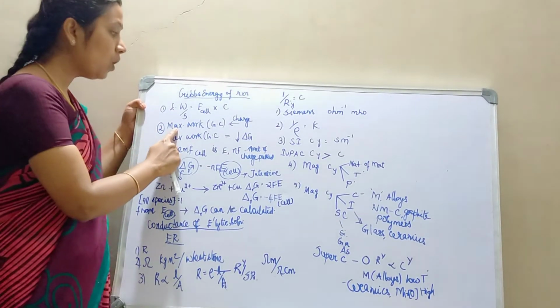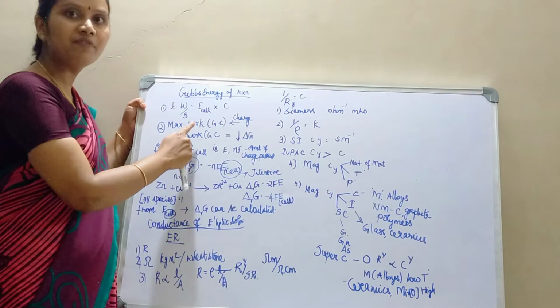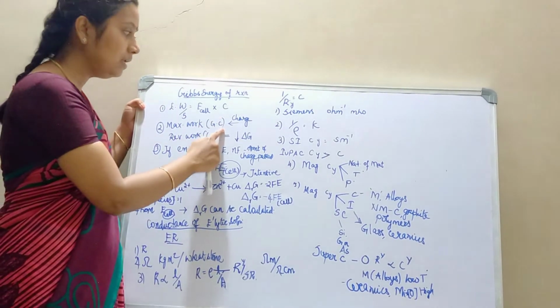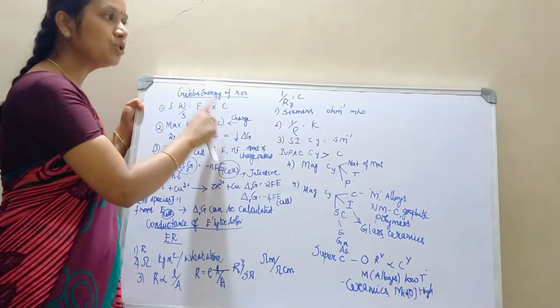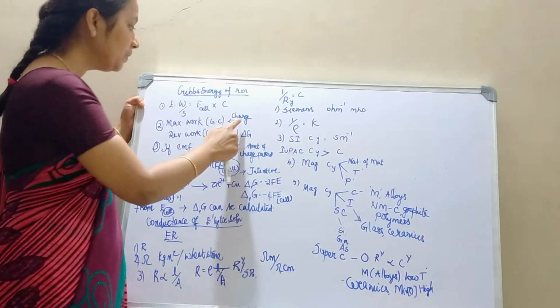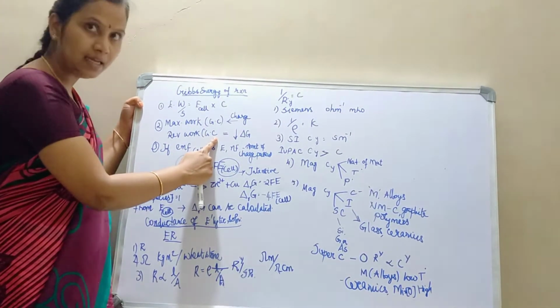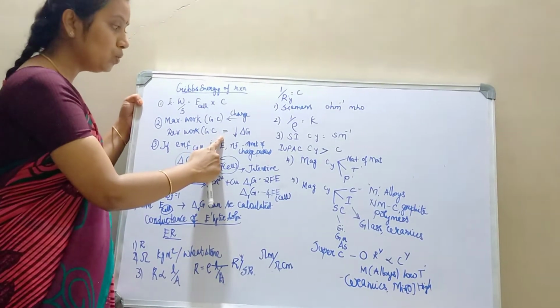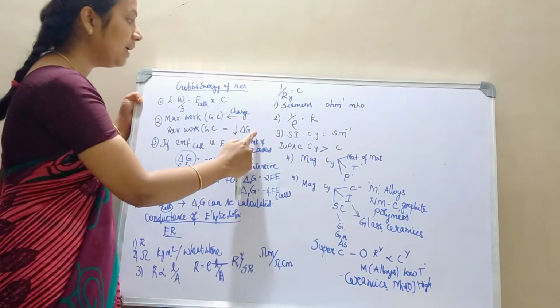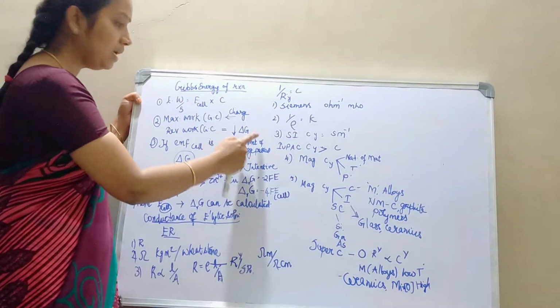Now if I want to extract maximum work from the galvanic cell, then this charge passed should be in the reverse direction. So the reversible work done by the galvanic cell should be equal to the decrease in the free energy, which is nothing but Gibbs free energy.